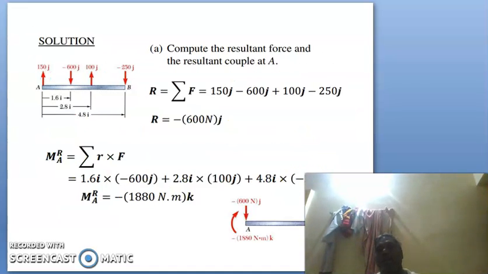So here, as we compute, R is equal to sigma F. R is obtained as shown there: R is equal to minus 600 newtons J. And moment about A is equal to R cross F. There is a cross product by which we get the moment as minus 1880 newton meters K. Here all the forces are vertical, or in the J direction, and all the distances are in the X or I direction, so the calculation is very simple.